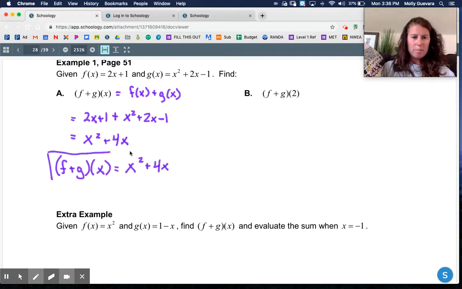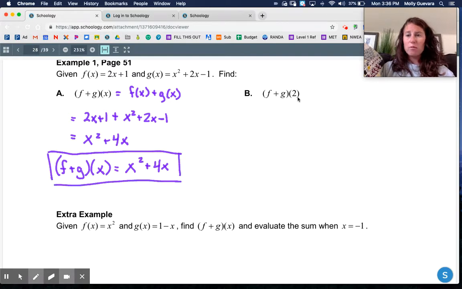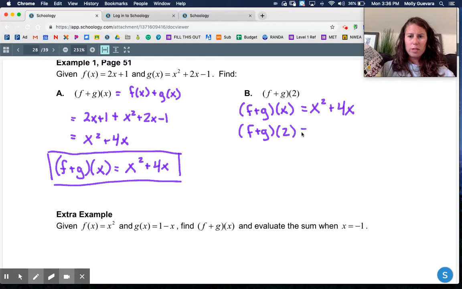And then part B wants me to find f plus g of 2. Well, I already know what f plus g of x is. We just solved it, it was x squared plus 4x. We just did it right here. So if I want to find f plus g of 2, I'm just going to plug in 2.